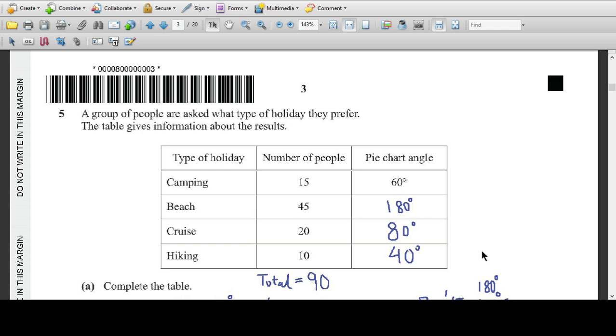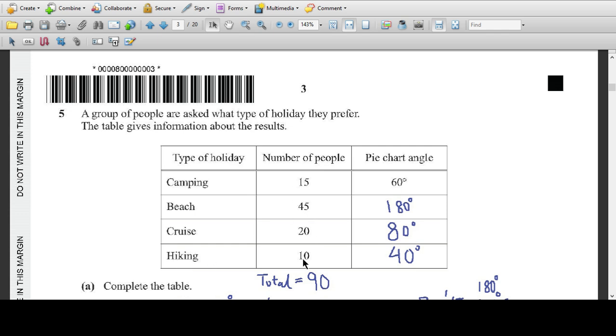The table gives information about the results. 15 people said they like camping, which is equivalent to 60 degrees in the pie chart. 45 people said the beach, 20 said cruise, and 10 said hiking.